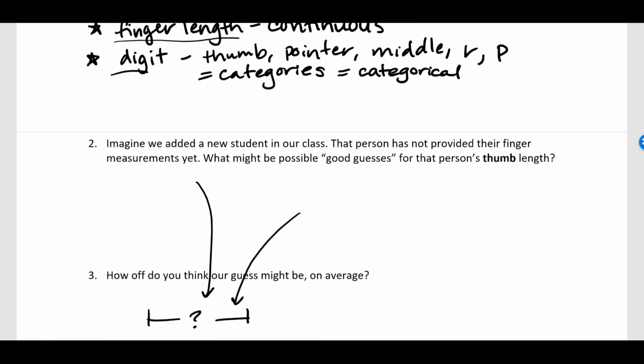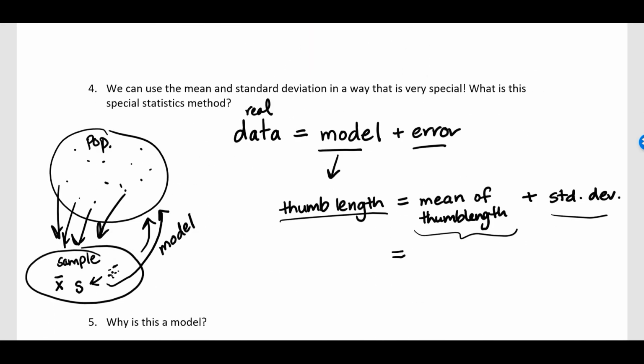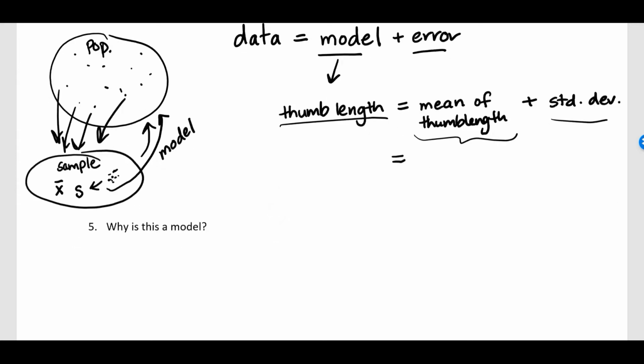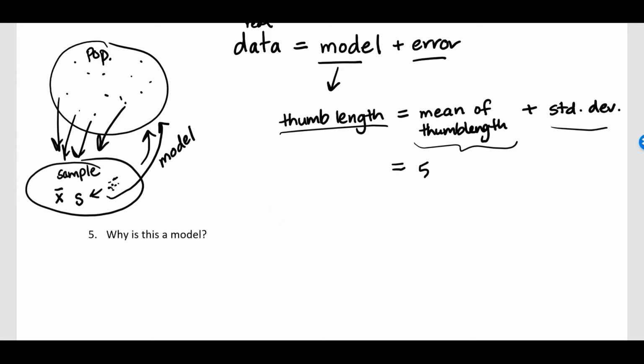Okay, so our mean is equal to about 55, and then to get that range we're saying plus or minus about 7.74.